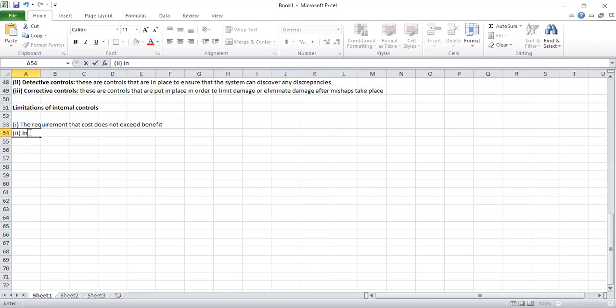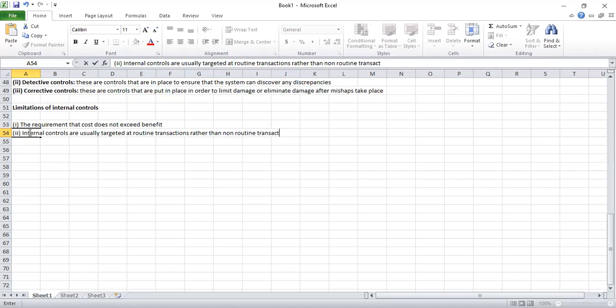Right. Internal controls are usually targeted at routine transactions rather than non-routine transactions.